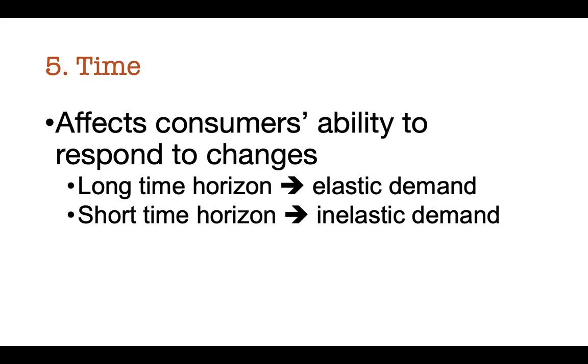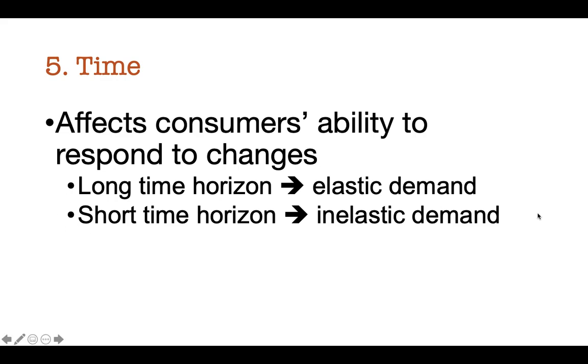Because you're just going to stop at the first place you see. You're not really going to pay attention to price because you're on empty in an area you're unfamiliar with. Over a slightly longer time horizon, like during the week on your normal weekly commute, you see that you get down to maybe a quarter of a tank or an eighth of a tank, but you've got a little bit of time. Now you can kind of shop around, pay attention to those gas station signs as you drive by. Your demand is still pretty inelastic, but it's become more elastic than that really short time horizon where you immediately need to purchase something.